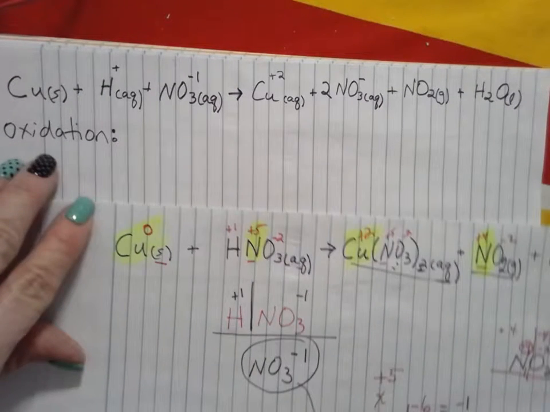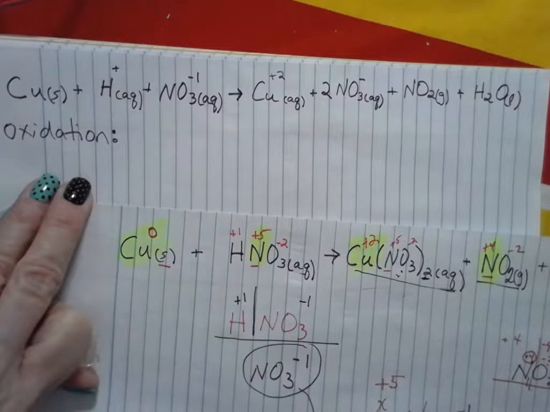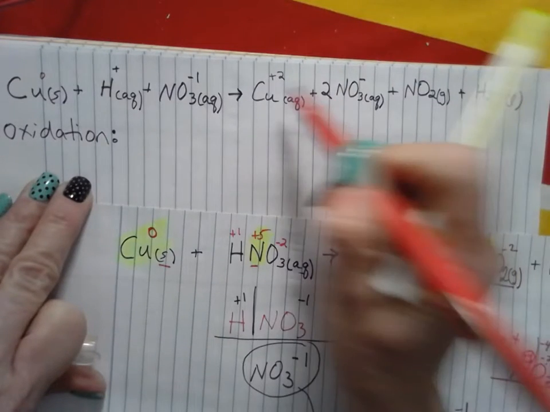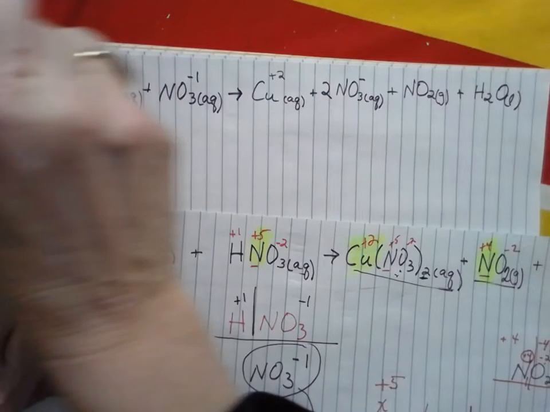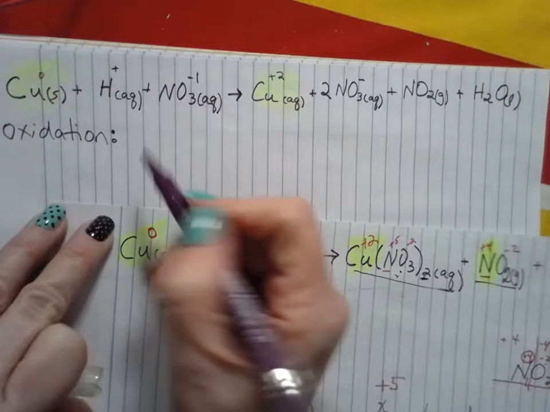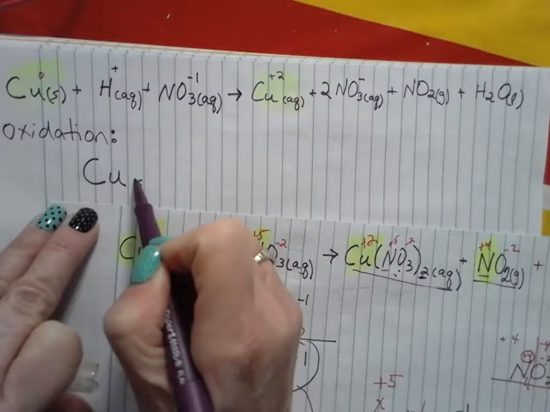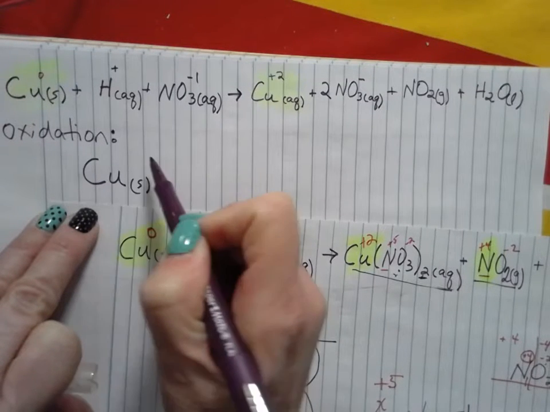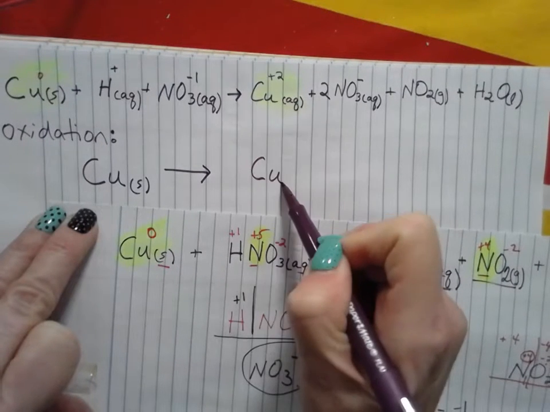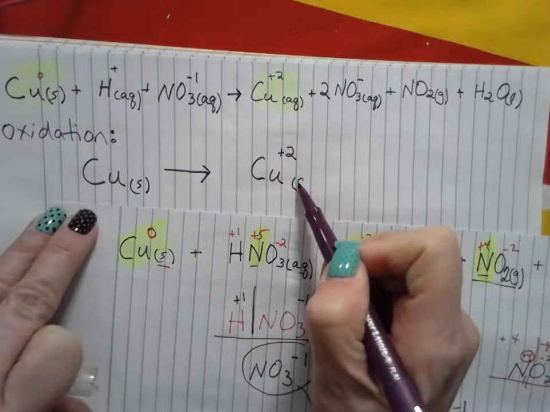So copper is going from this 0 charge here to the +2 charge here. Copper, solid form, goes to copper +2 charge, aqueous form.